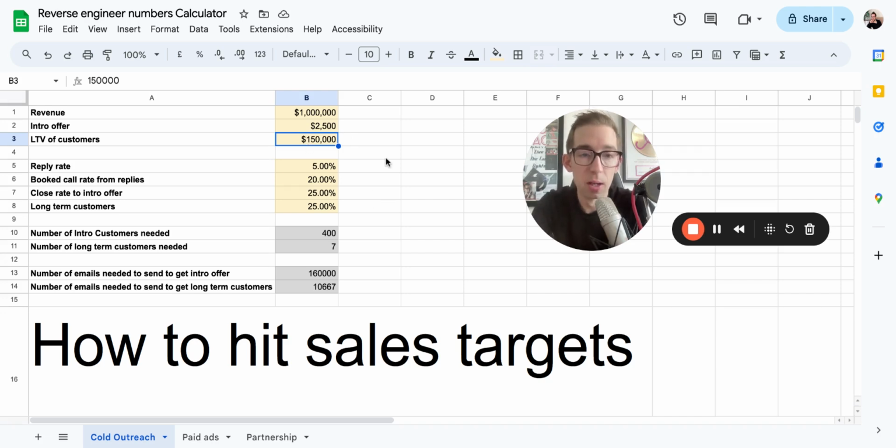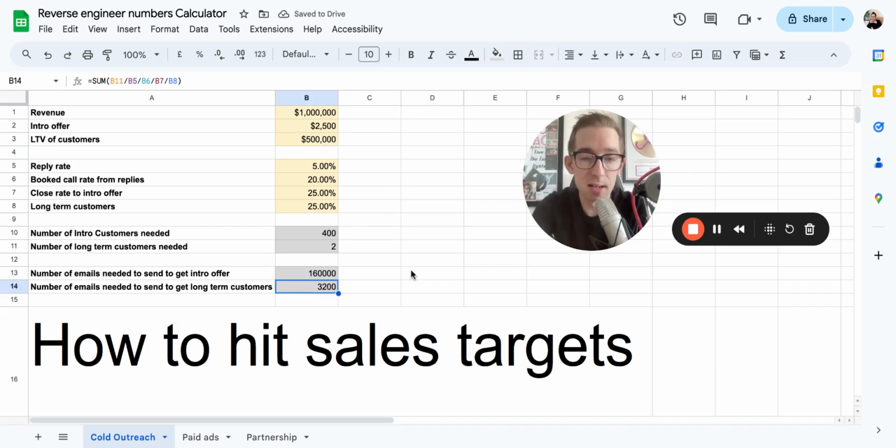So, for example, let's say you're doing business to business enterprise, and you're like, my total addressable market, I haven't got 160,000 people I can send it to. I haven't even got 10,000 people I can send it to. And I still want to make $1 million. But here's the thing. What if I could make the lifetime customer value, instead of 150,000, 500,000?